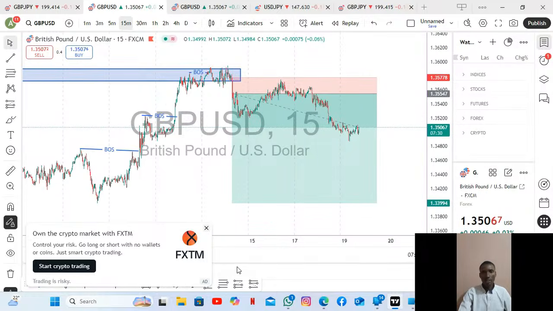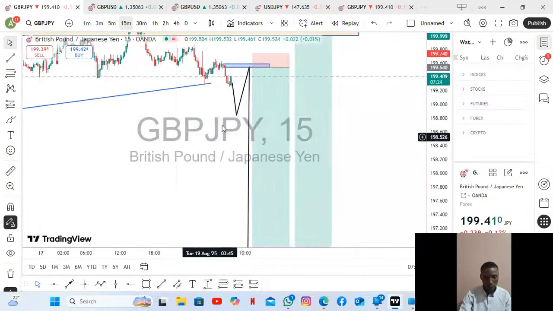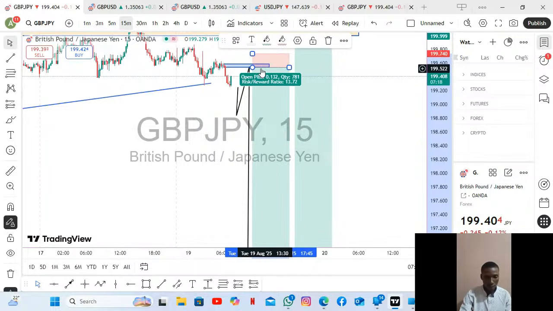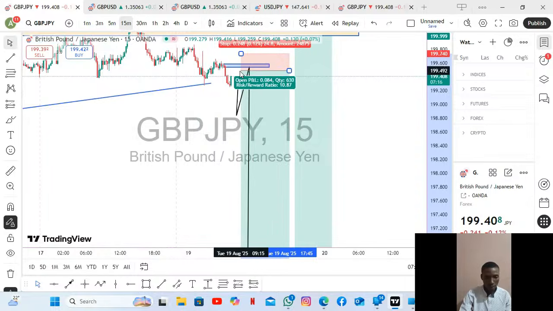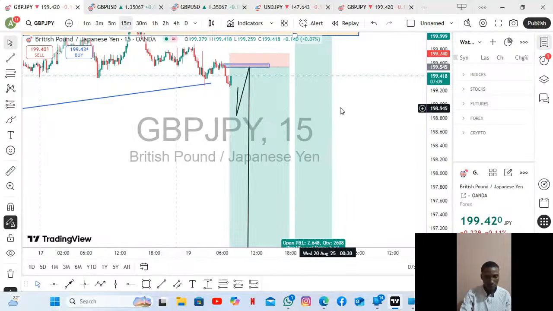For GBP JPY, we said we are going to wait for a retracement. You want the market to retrace back.